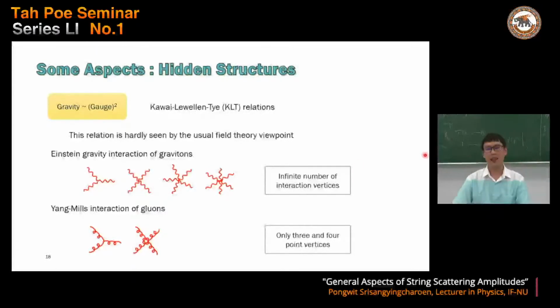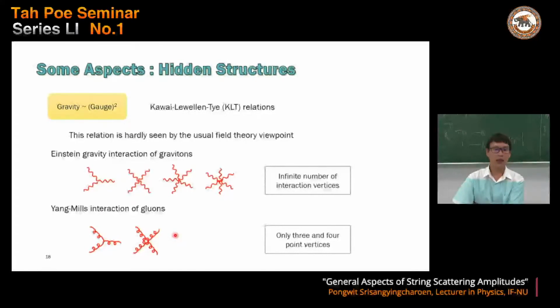There are infinitely many of them, but the Yang-Mills interactions for gauge bosons are just 3 and 4. There are only two types of vertices, the 3-point interaction and the 4-point interaction.